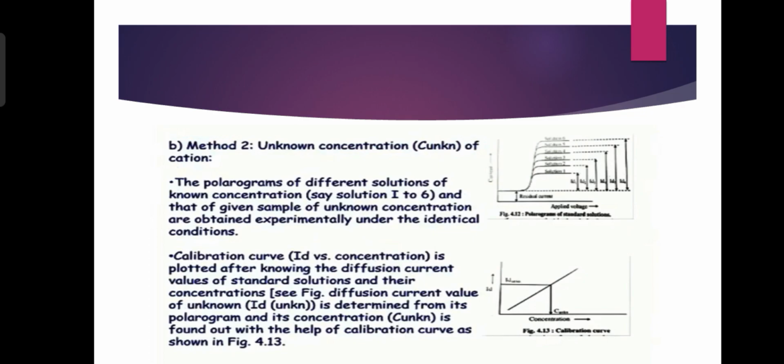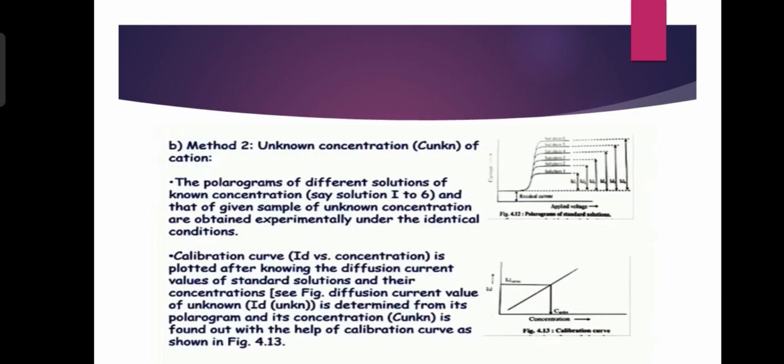Next, the method for the unknown concentration of a cation: it can also be found through the calibration curve. If we know the metal through qualitative analysis, then we take several solutions in different beakers, and through the polarography technique 6 curves arise.